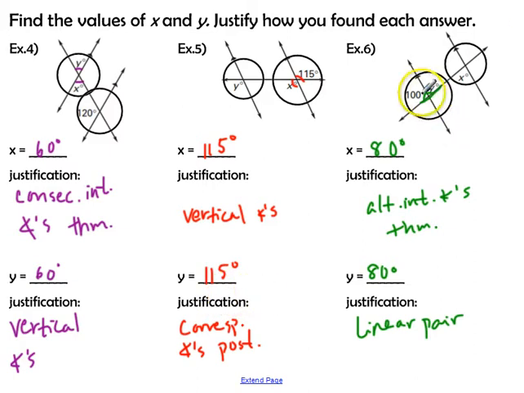On this last one, it's actually easier to find y first. 100 and y, these make a linear pair, so we use the linear pair postulate to say that y is 80 degrees because they need to be supplementary. And then angle y and angle x are alternate interior angles, so we use the alternate interior angles theorem to say that x is 80 degrees and congruent to angle y.